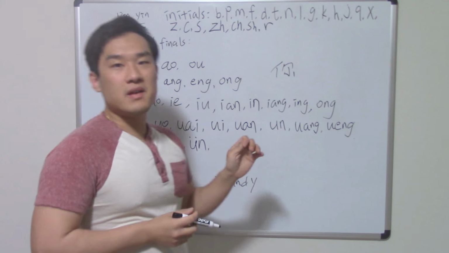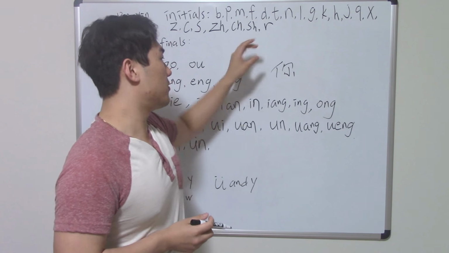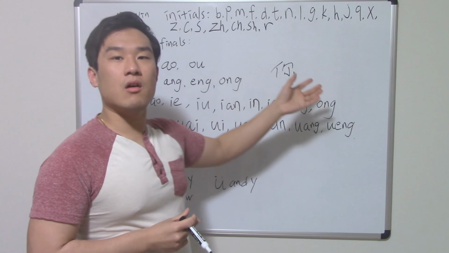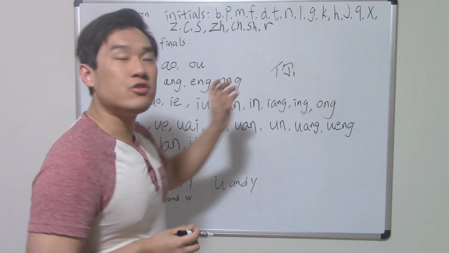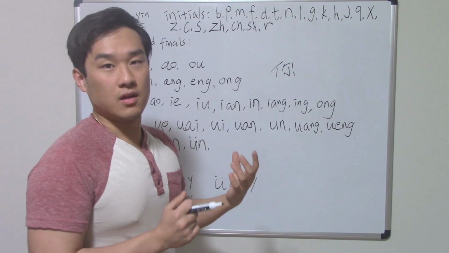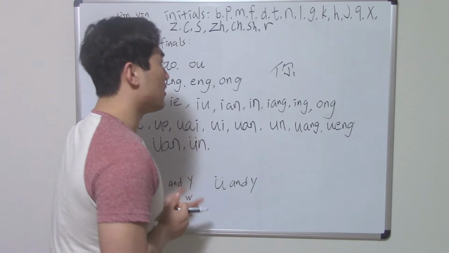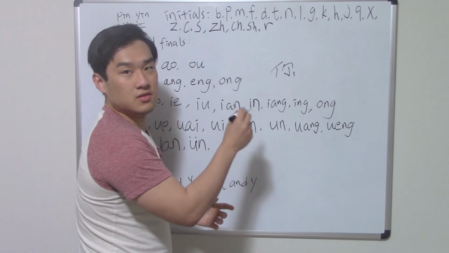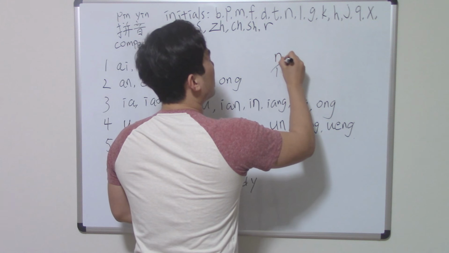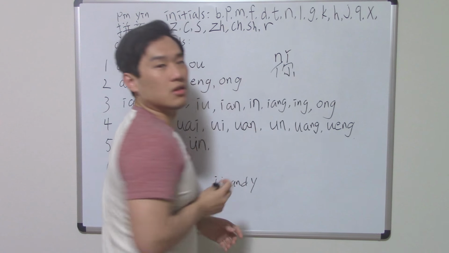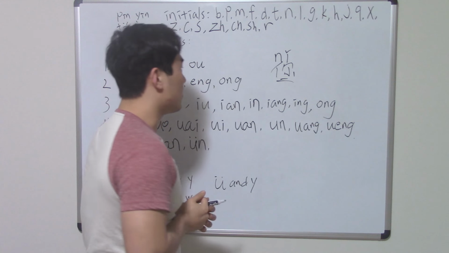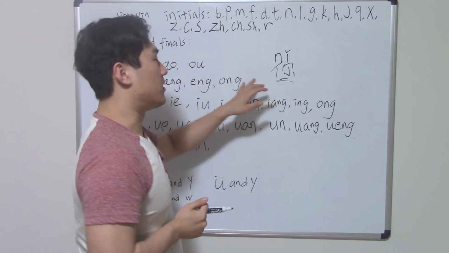What pinyin does is give each character an explanation of how it is pronounced. For example, the pinyin for this character is ni, and ni means you in Chinese.